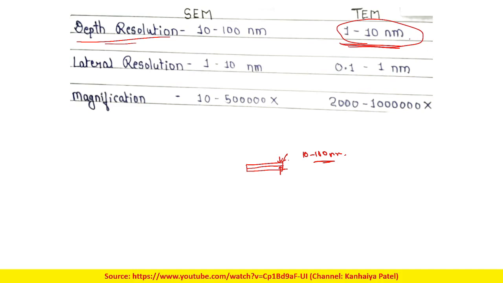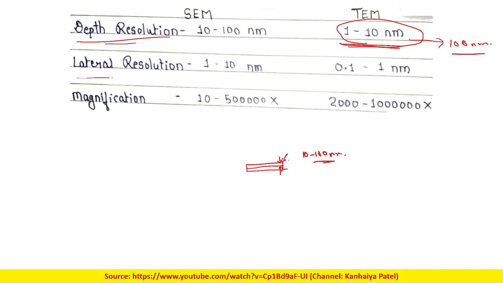However, we can also go for analysis up to 100 nm, but the quality would not be as good as this one. So in TEM, you have to make very thin or very small samples, so that the electron beams can efficiently pass through the system, because their depth of resolution is very low.